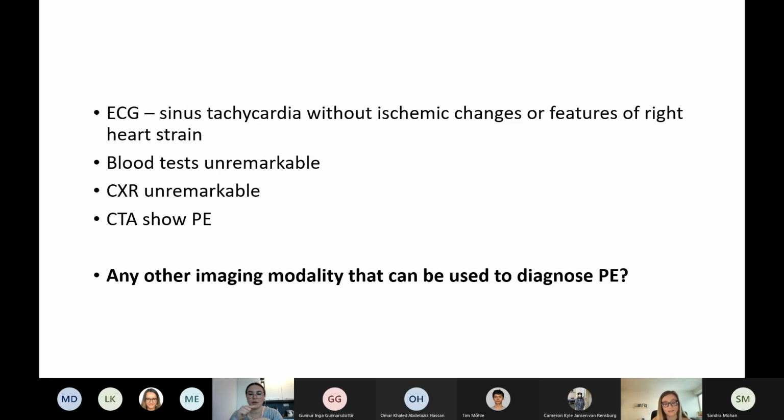Now that Kornelia is mentioning the stability of the patient, if this patient were hemodynamically unstable, but you have a strong suspicion of a pulmonary embolism, this was actually a case that I was given in intensive care. Is there any other imaging modality that you can use to diagnose a pulmonary embolism?